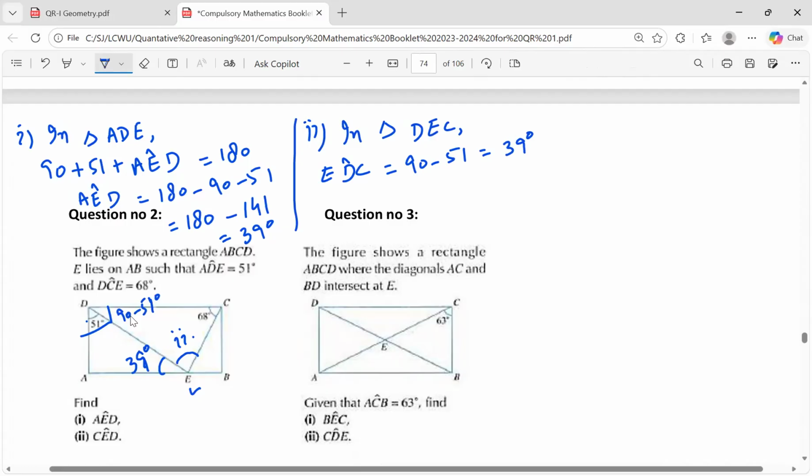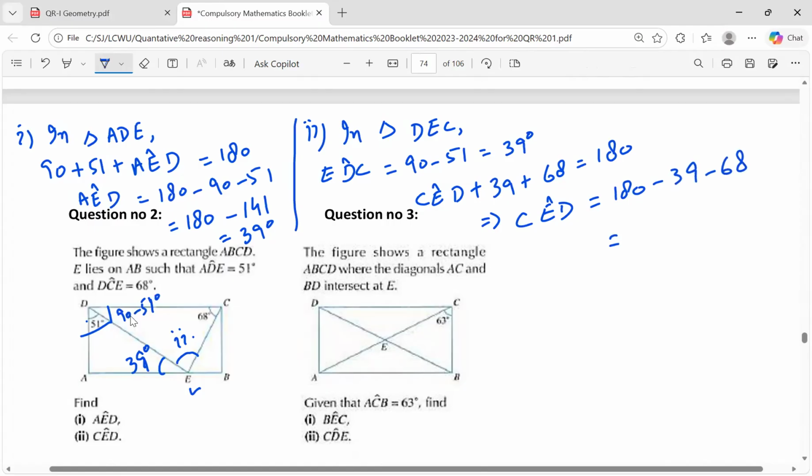Now by the triangle property, angle CED plus 39 degrees plus 68 degrees is equal to 180. From here, angle CED is equal to 180 minus 39 minus 68.